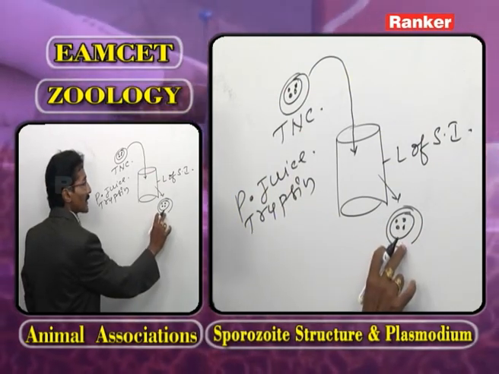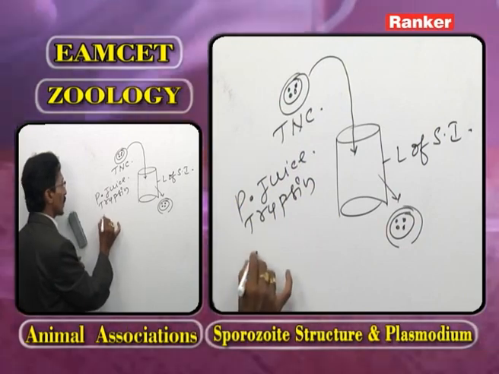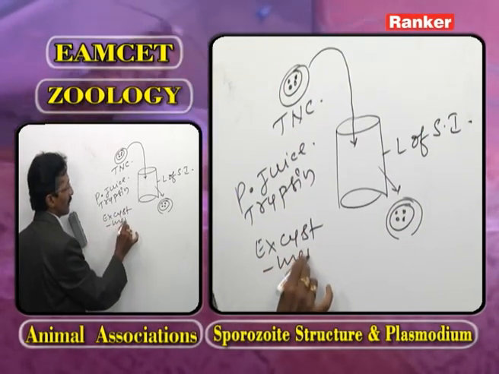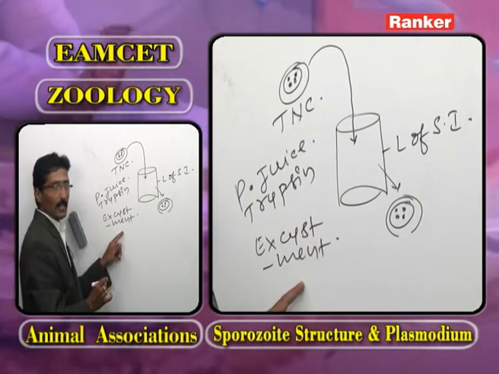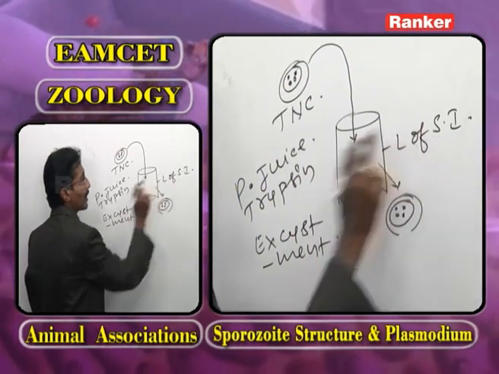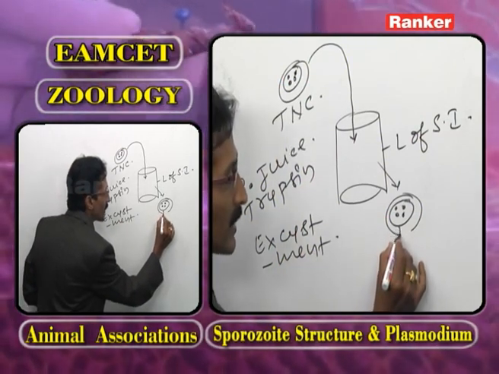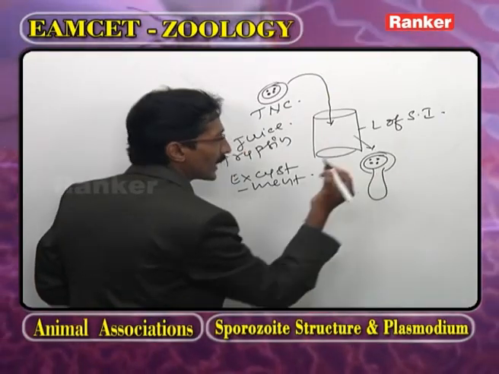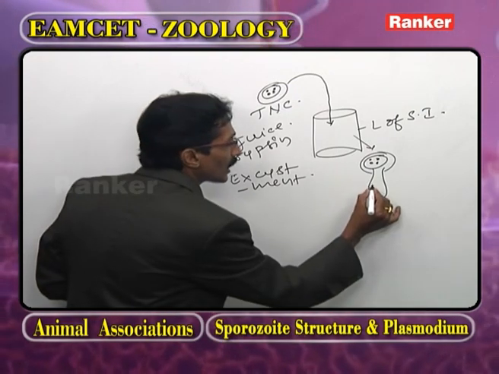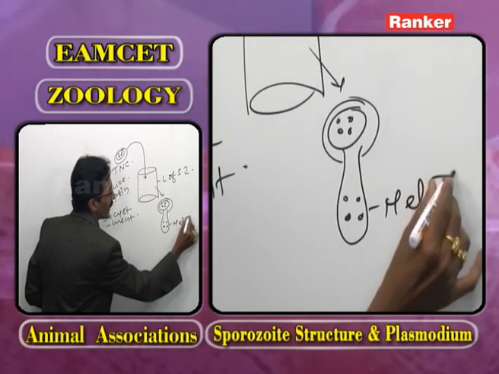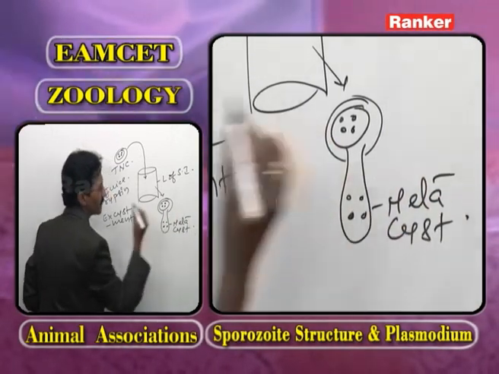The process of dissolving the cyst wall, we call it excystment. What is the site of excystment? The lumen of small intestine. Now, after excystment, this tetranucleated stage will come out. Now, it is called metacyst.